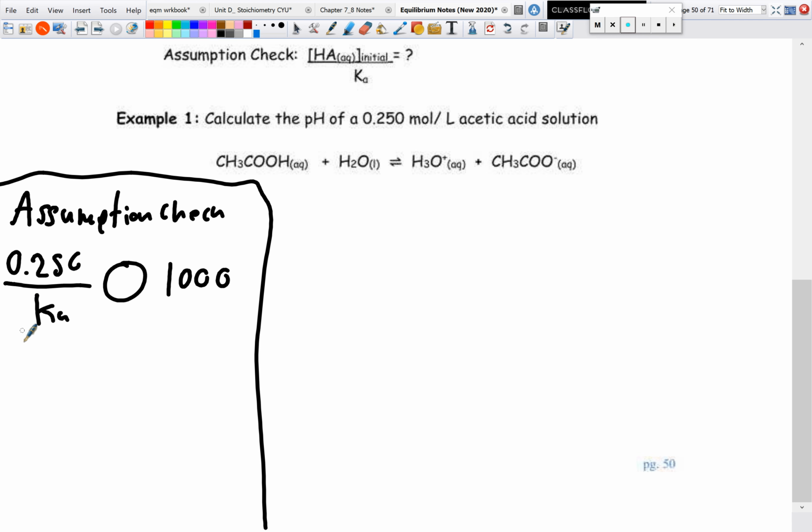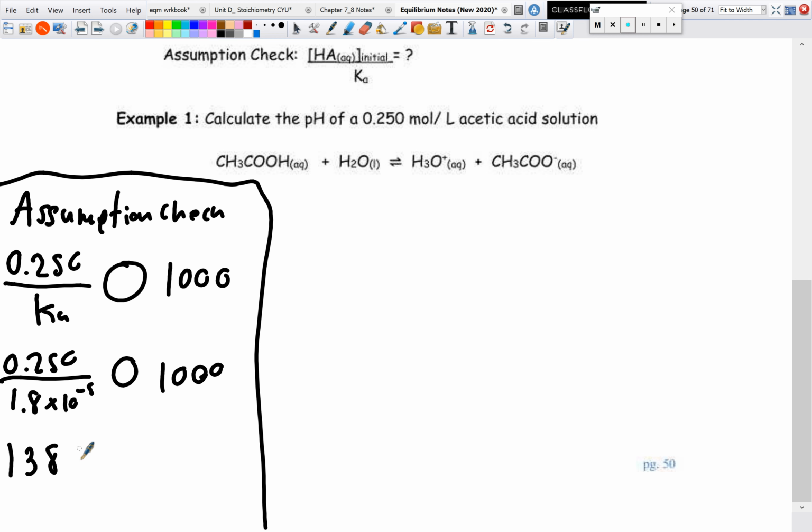When we do this, we get 138,897, which of course is greater than 1,000. So that means the assumption check works.